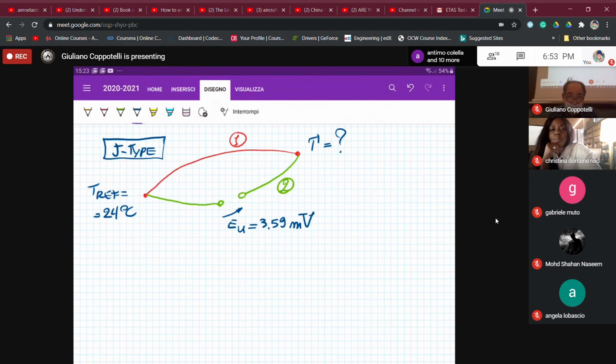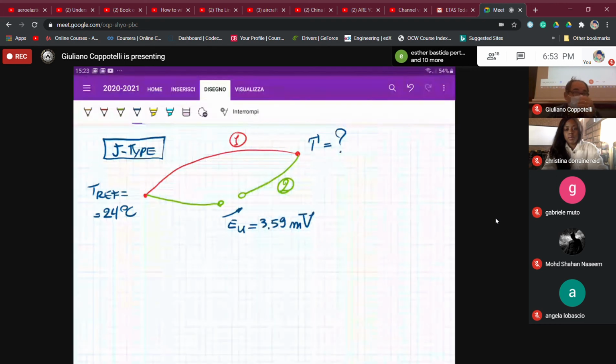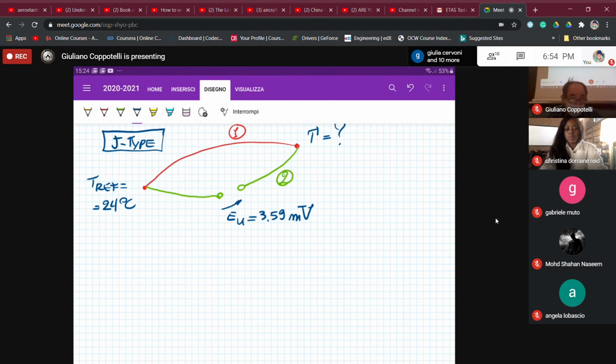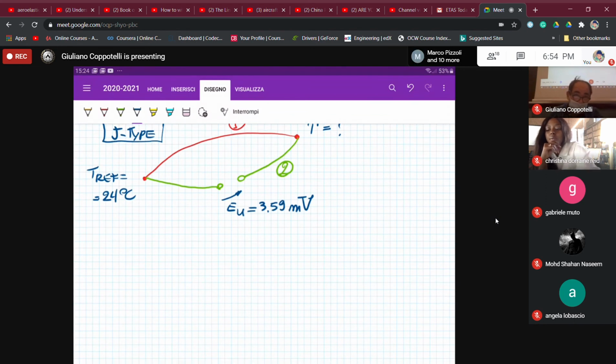So we refer to the standard potential that is evaluated at 0 degrees Celsius. The first step is to reduce the output tension to the 0 degree Celsius standard potential, so everything will be referred to that. Why? Because you need to have just one table to memorize in your computer program: one table for one thermocouple type.